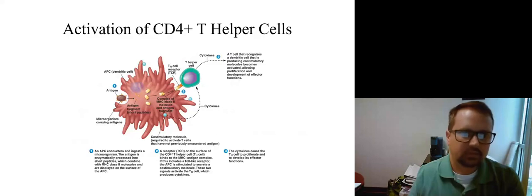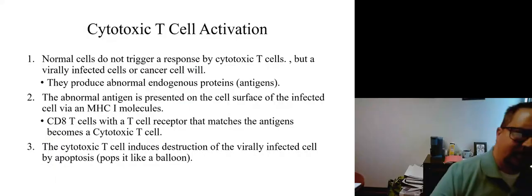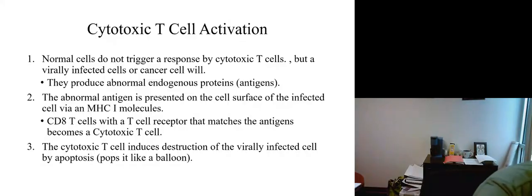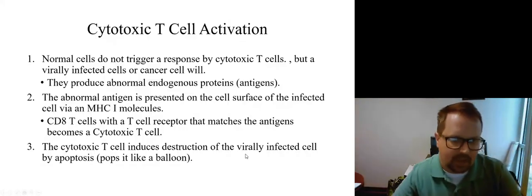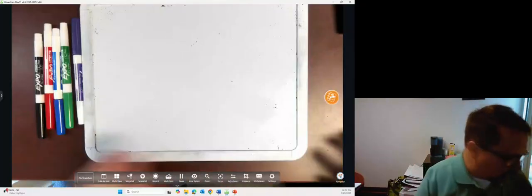All right. Now, so that's how that happens, and that's what I drew out. Okay? All right. Now, cytotoxic T cell activation. Normal cells aren't going to do this, but a virally infected cell or cancer cell will. So let's talk about this a little bit. Okay. Now, I'm going to draw that.